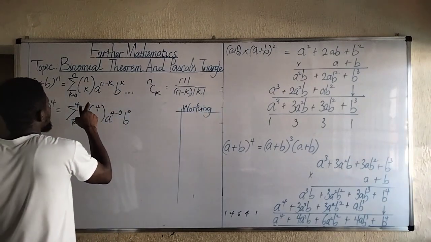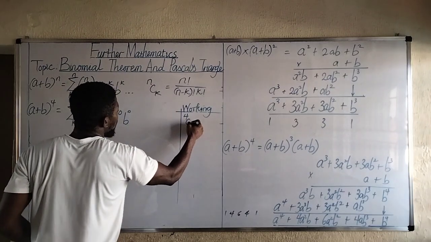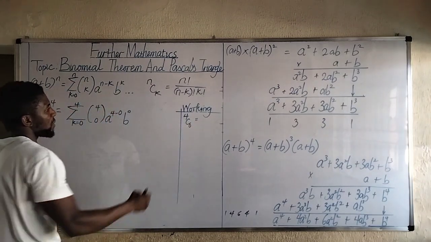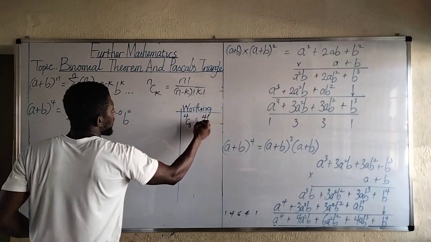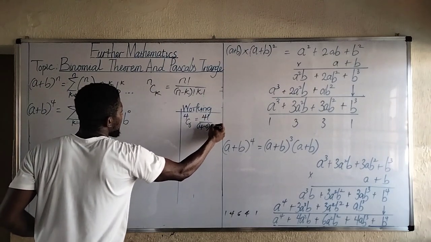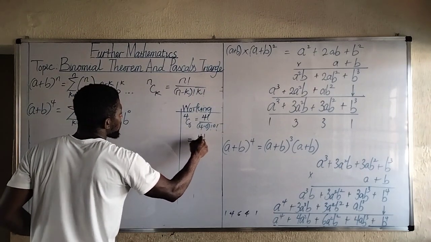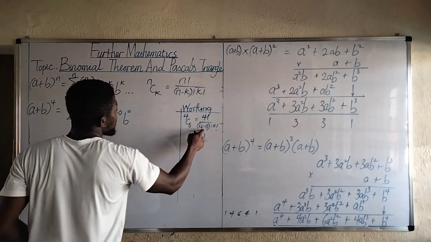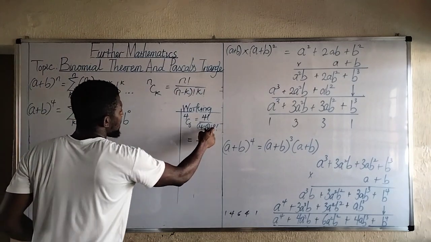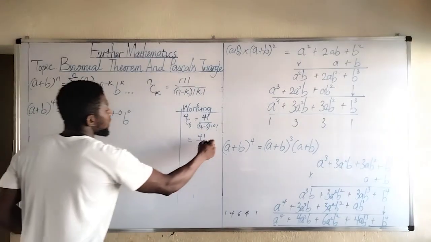For the coefficient, I'm going to use 4 combination 0. 4 combination 0 gives 4 factorial all over 4 minus 0 all factorial times 0 factorial. 4 factorial over 4 minus 0, which is 4 factorial, times 0 factorial, and 4 factorial over 4 factorial is 1.